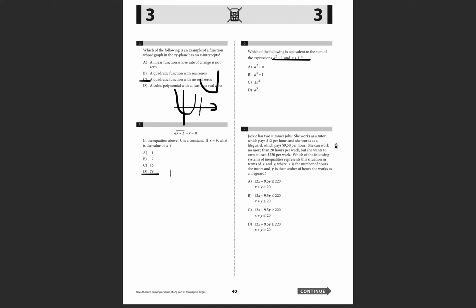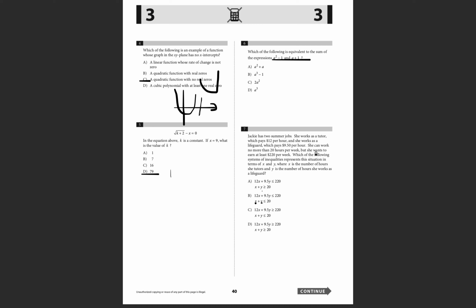Number 7, so we know this person has 2 jobs, and we know the prices of each job. And it says she cannot work more than 20 hours. So first here, the hours of the first job and the second job cannot exceed 20.